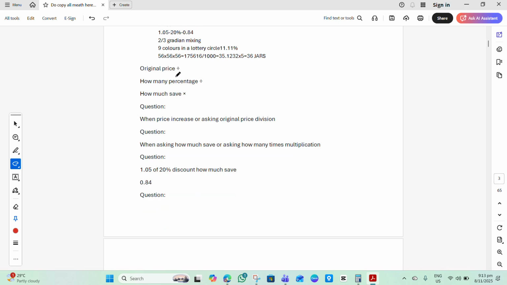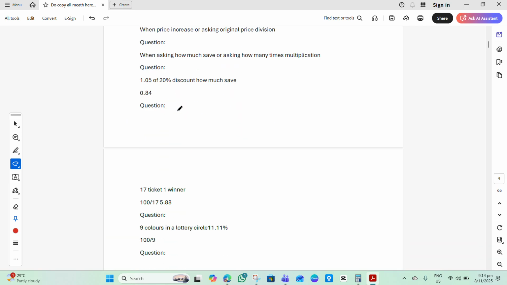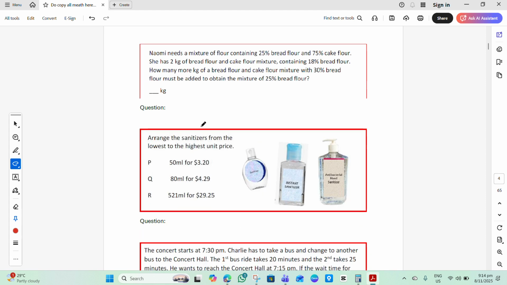Okay, but some basic things: when asking for the original price, always division. How many percent, if showing how many percentage already, how many percent is showing, also division. How much save, also division. So if asking the question, it should be answered like this.